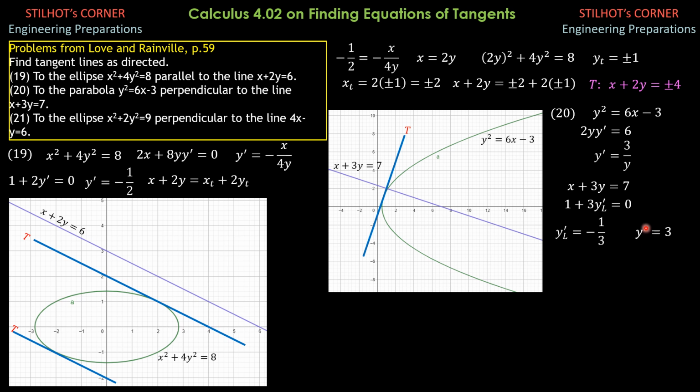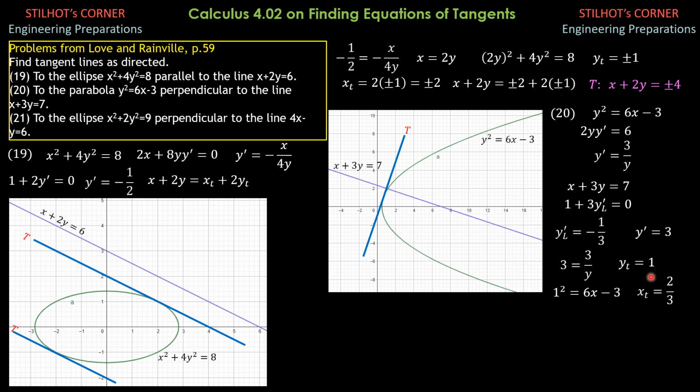So substitute 3 into this equation. 3 equals 3 over y, so that means y sub t, the y coordinate of the point of tangency, is 1. If y sub t is 1, we substitute it here: 1 squared equals 6x minus 3. So x corresponds to x sub t: 1 plus 3 is 4, over 6, is 2/3. So x sub t is 2/3. We then substitute into the expected equation of the tangent.